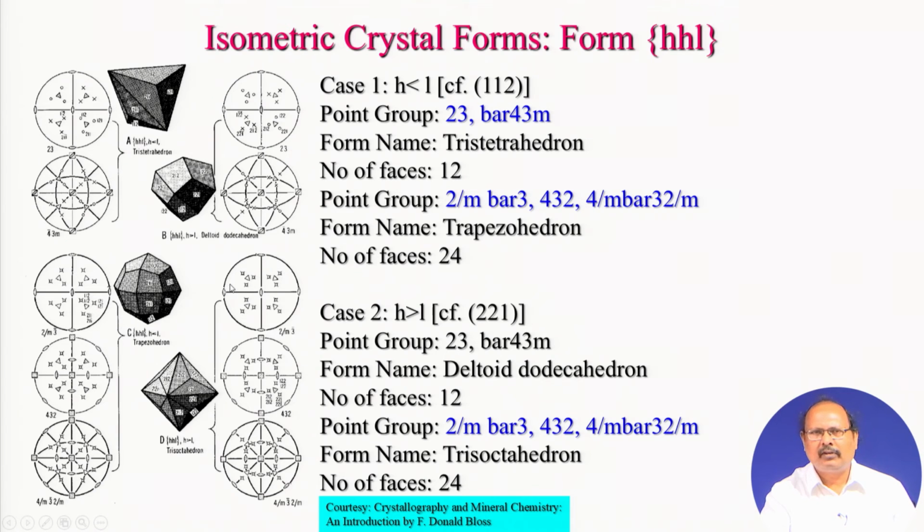Each octahedron face now consists of 3 triangular faces, as has been shown here. This is your 111 octahedral face. Now, it consists of these 3 triangular faces here. So, 3 into 8, there are 24 faces here. We call it a thrice octahedron. So, we have studied thrice tetrahedron and thrice octahedron, and you also have a trapezohedron and a deltoid dodecahedron.